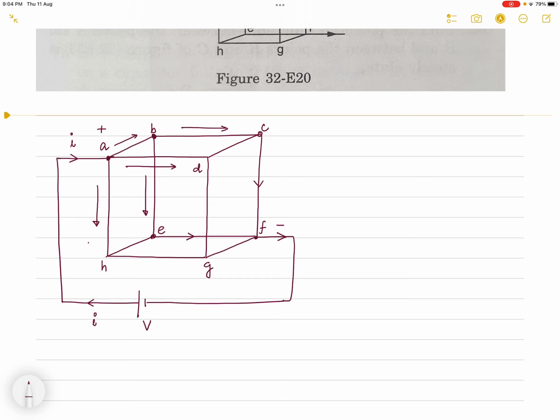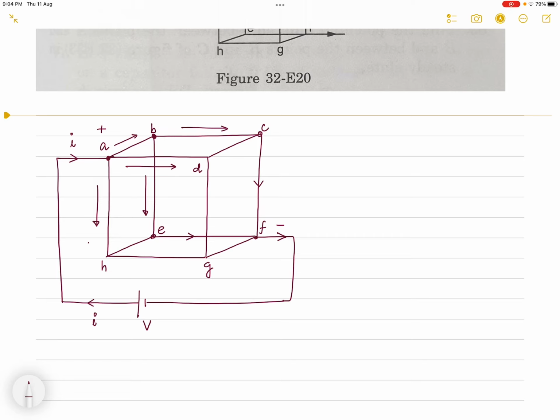Now if you look at the symmetry of this figure, the current that moves from A to B has to move from B to C and then to F, and some current that flows from B to E will also move to F. So essentially the current that is moving from the junction A to the junction B has 2 identical paths. Why am I saying identical? Because every edge of the cube contains a resistor, right?